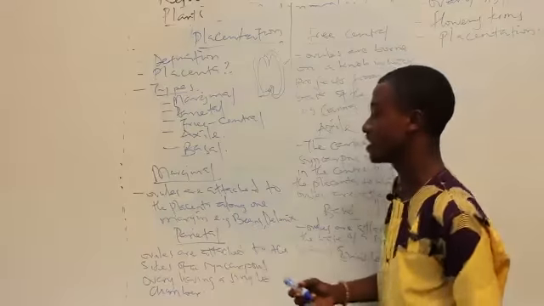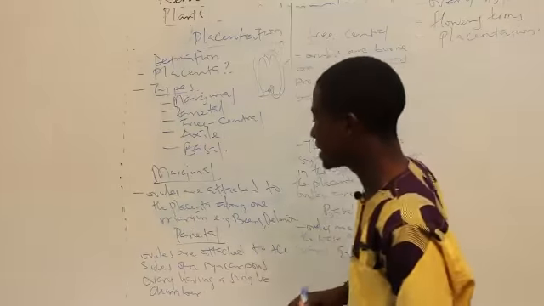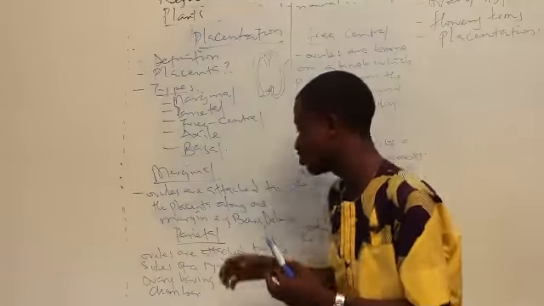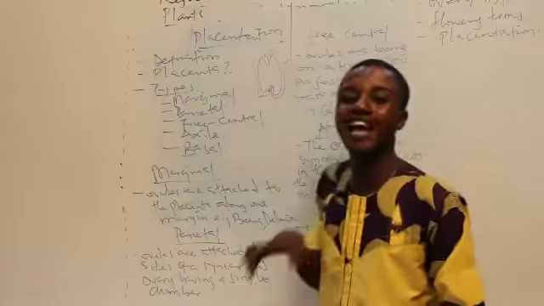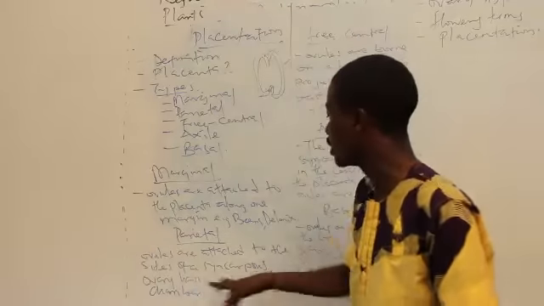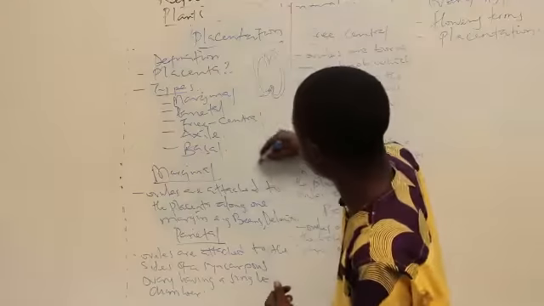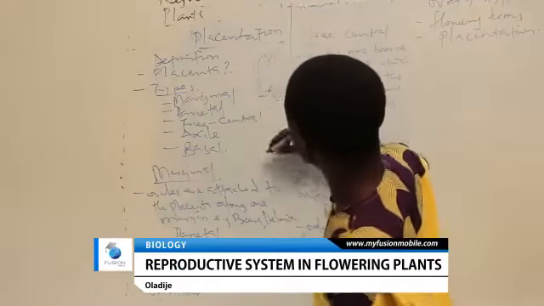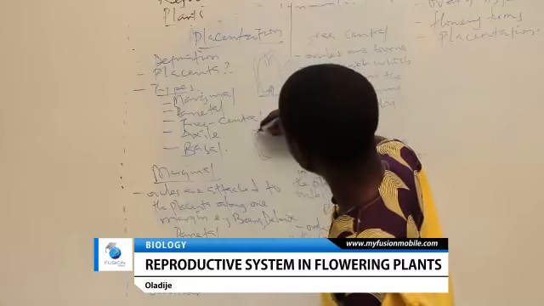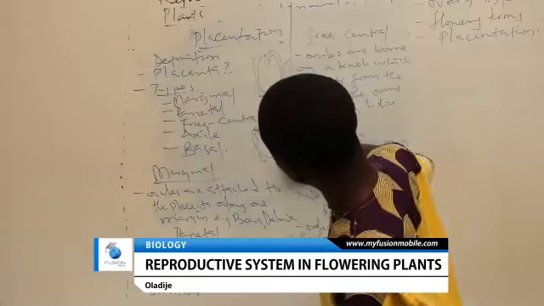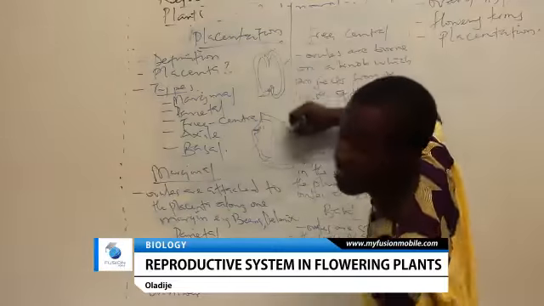Now, parietal placentation. For this kind of placentation, the ovules are attached to the sides of a syncarpous ovary. The word syncarpous, don't forget, is fused. We have one, they are fused. We have another, they are fused. They are all joined together, and so they form this kind of placenta.